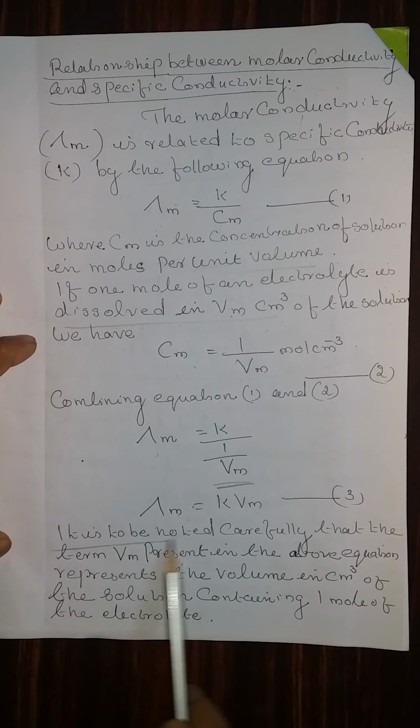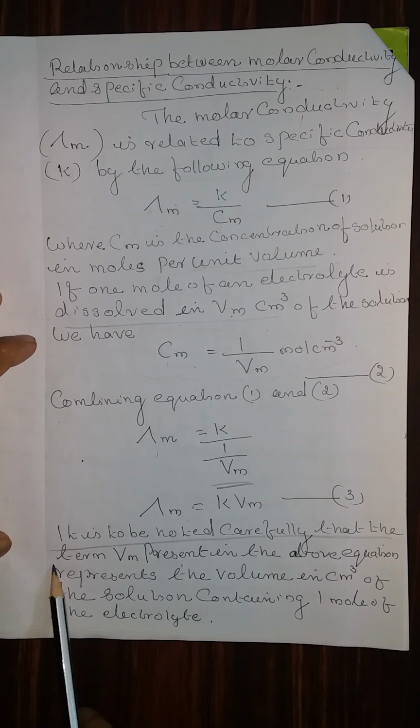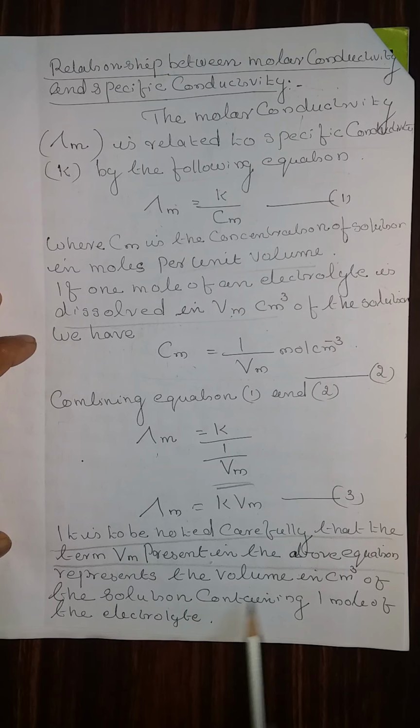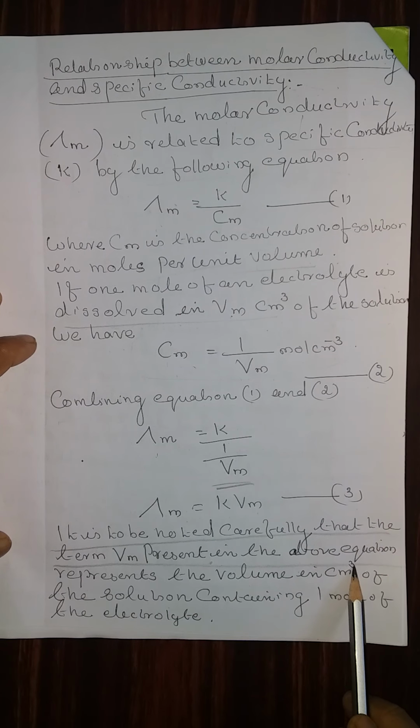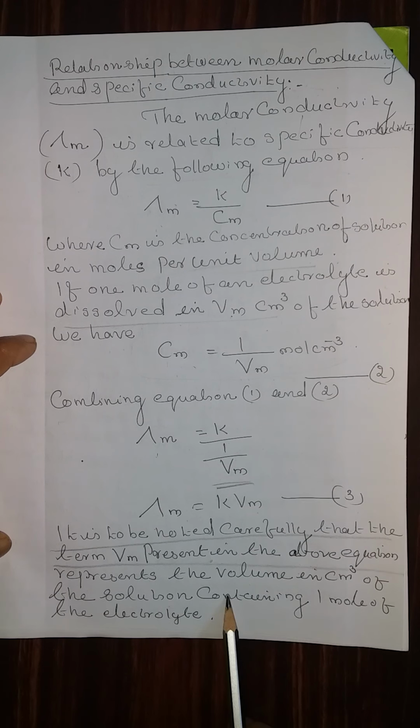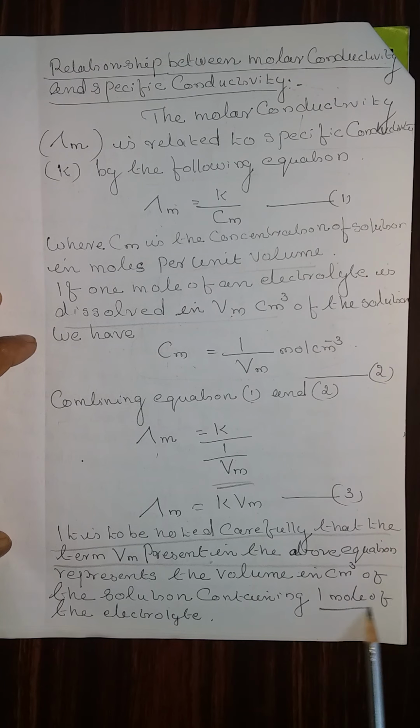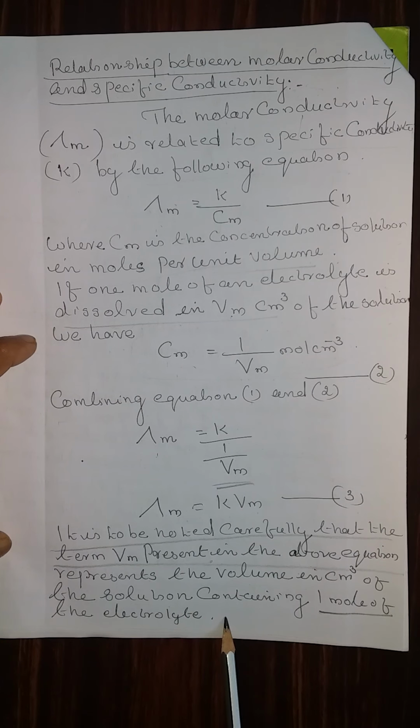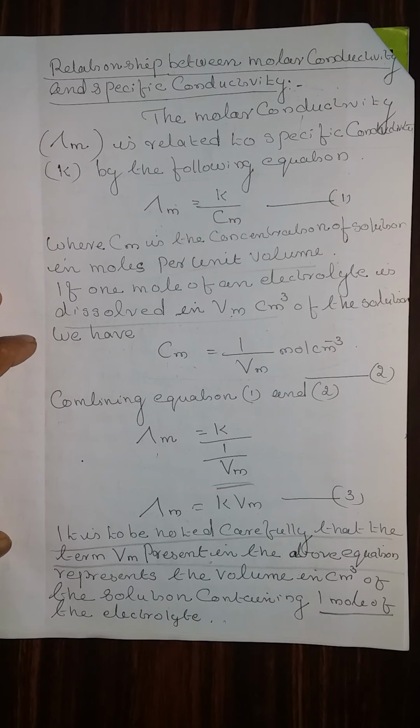It is to be noted carefully that the term Vm in the above equation represents the volume in centimeter cubed of the solution containing 1 mole of the electrolyte. That is the difference. The first one is 1 gram equivalent, here it is 1 mole of the solution.